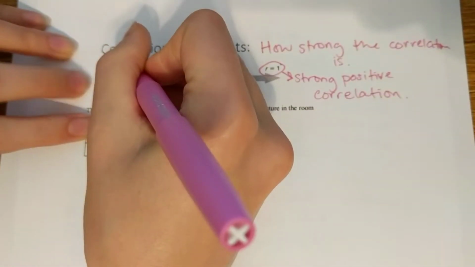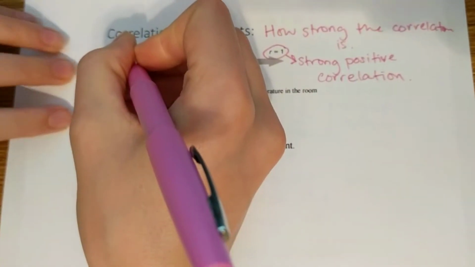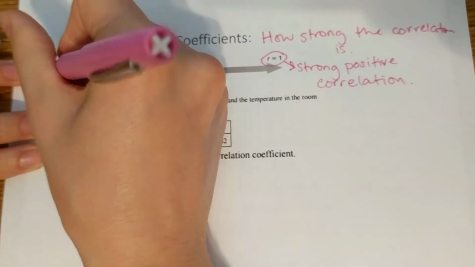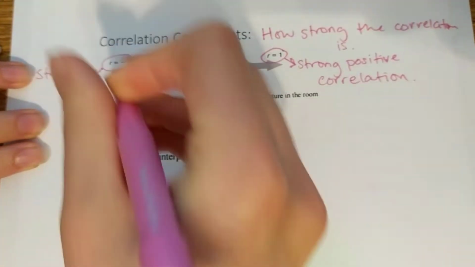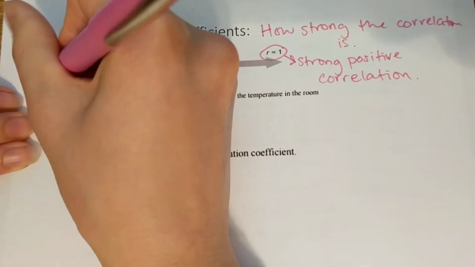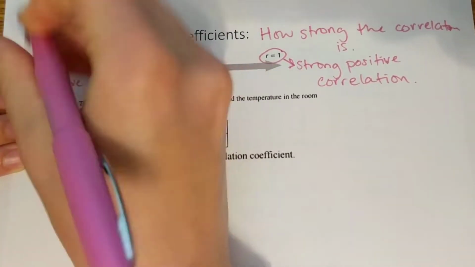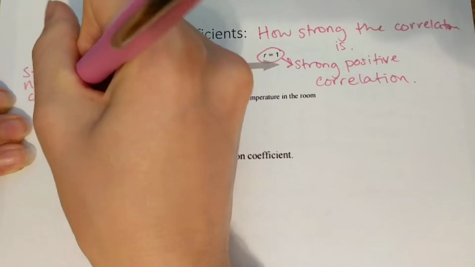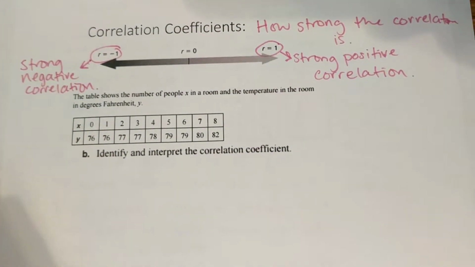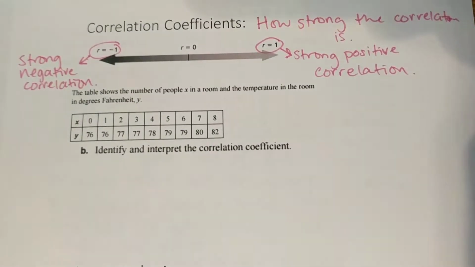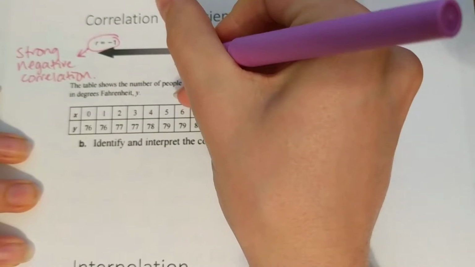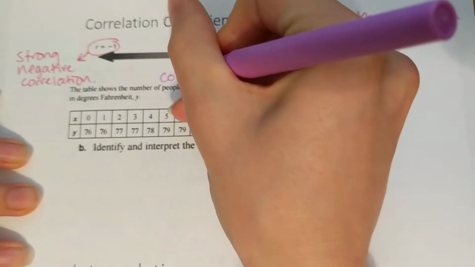The closer it is to -1, that means it's a strong negative correlation, so it's almost a perfect straight line going down. And the closer it is to 0, that means there's no correlation.